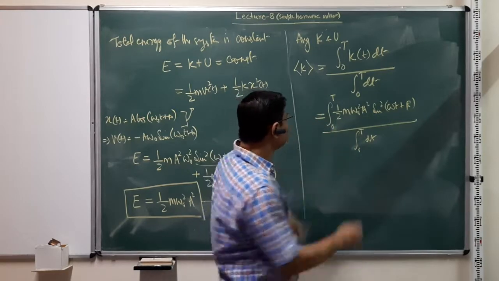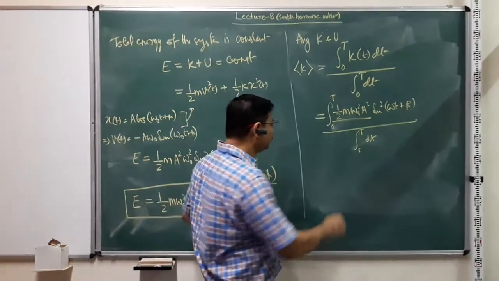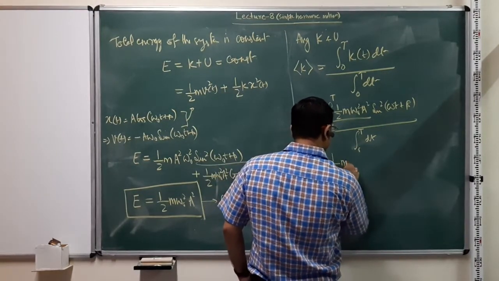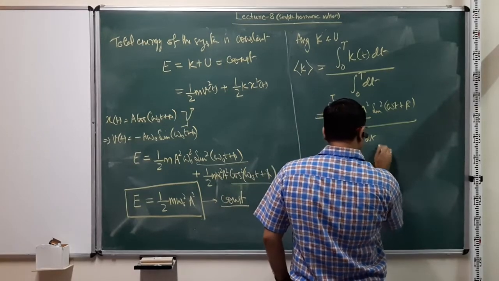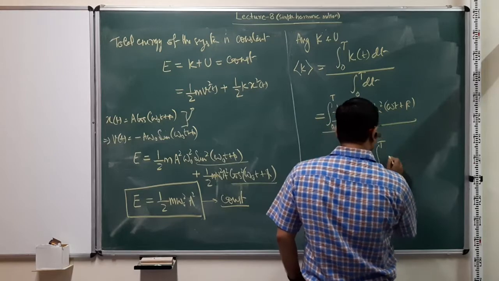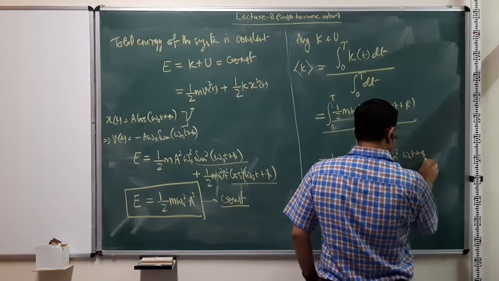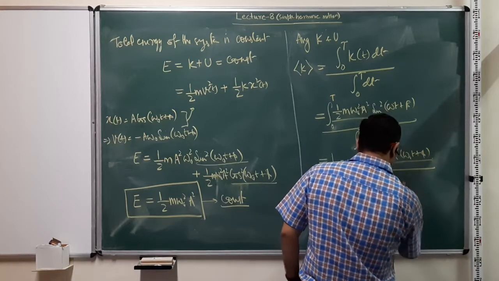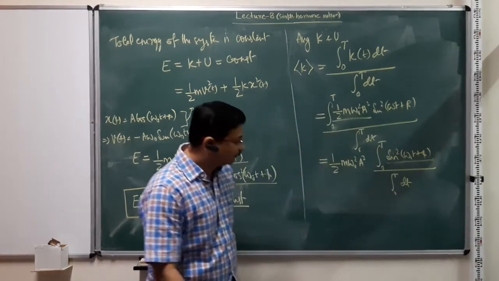Since there is an integral, all these terms are constant, not dependent on time, so we can take them out: half m omega naught square a square, and the integration is only over the sine square function, sine square (omega naught t plus phi), upon integral 0 to T dt, which is only going to give us the time period T, right?